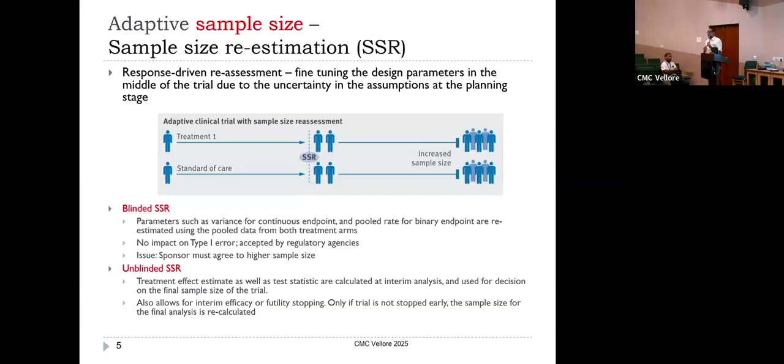Unblinded is a little bit more problematic because now you're going to do it on the effect size. So I will know how much effect I'm getting, the difference between the two arms. So the treatment effect estimate is calculated at the interim analysis and used for the decision. So who looks at this?